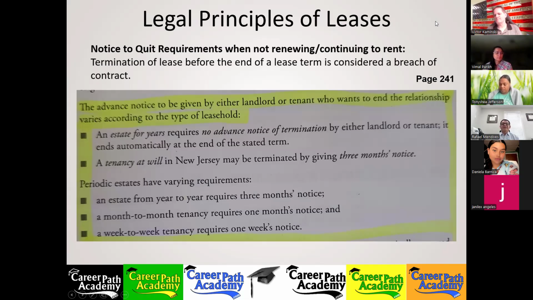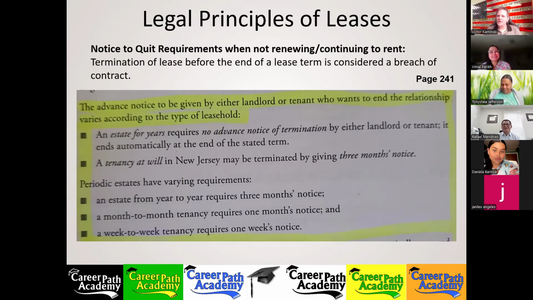Not the fee estates, the leasehold estates. I'll start you off: estate for years, estate from period to period, estate at will, and estate from sufferance. Okay, you're a good reader. Those are the 4 types of leasehold estates.